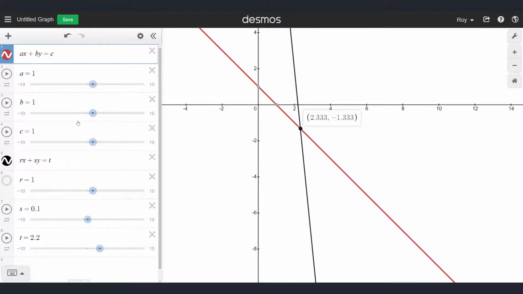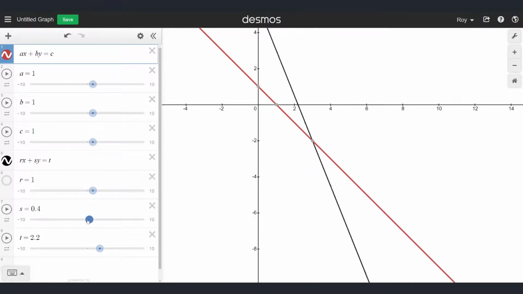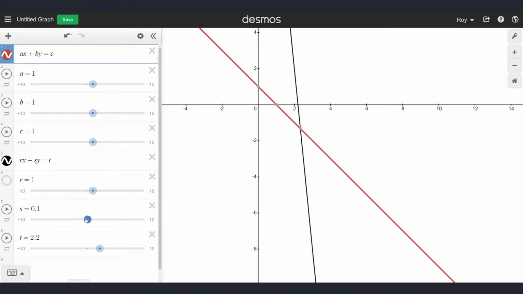It has one solution. Now, over on the left-hand side, you can see we have a lot of parameters for both equations. The first equation is defined by ax plus by equals c, where a, b, and c are 1 right now. And the second equation is rx plus sy is equal to t, where r is 1, s is 0.1, and t is 2.2.